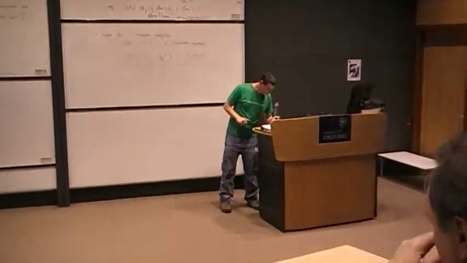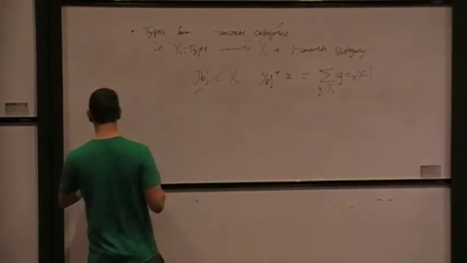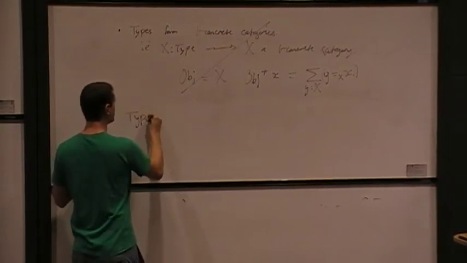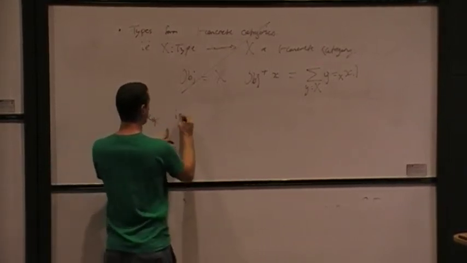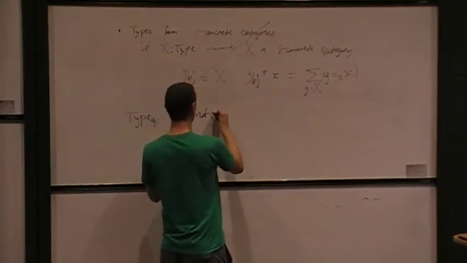I do have another example of something that definitely isn't either, so it's not as if it's the first thing that doesn't work. The category of pointed types, type star, is not n-concrete for any n.